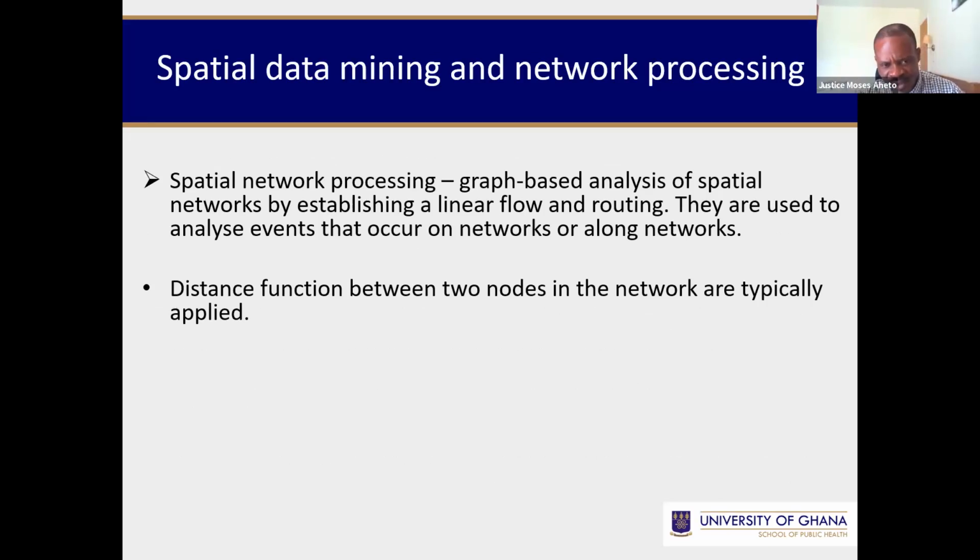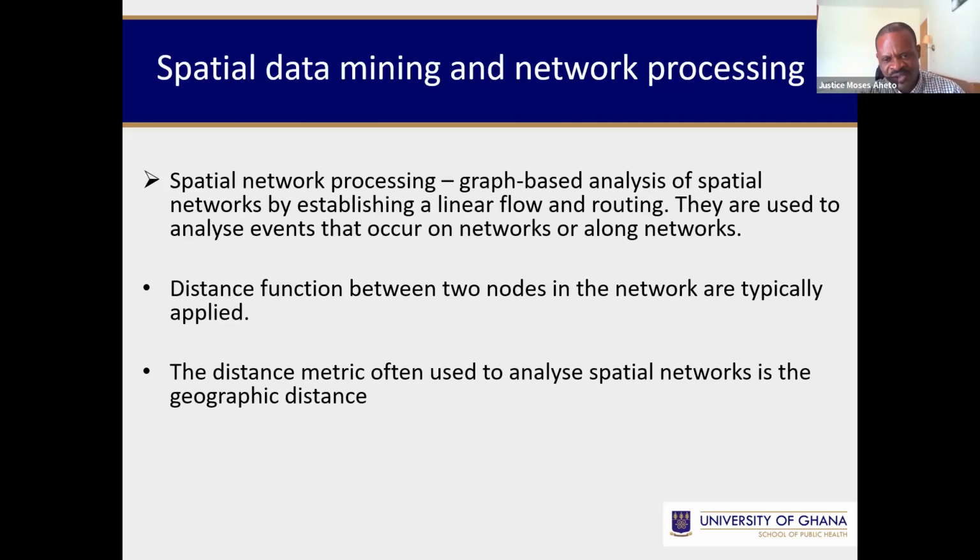And in our work, what we try to do is to allow distance to determine what worked or what did not work. That is why understanding distance is very important in spatial analysis. Like I said, the first law of geography said it all, and that is the cornerstone for spatial analysis. And the distance metric often used to analyze spatial networks is the geographic distance.